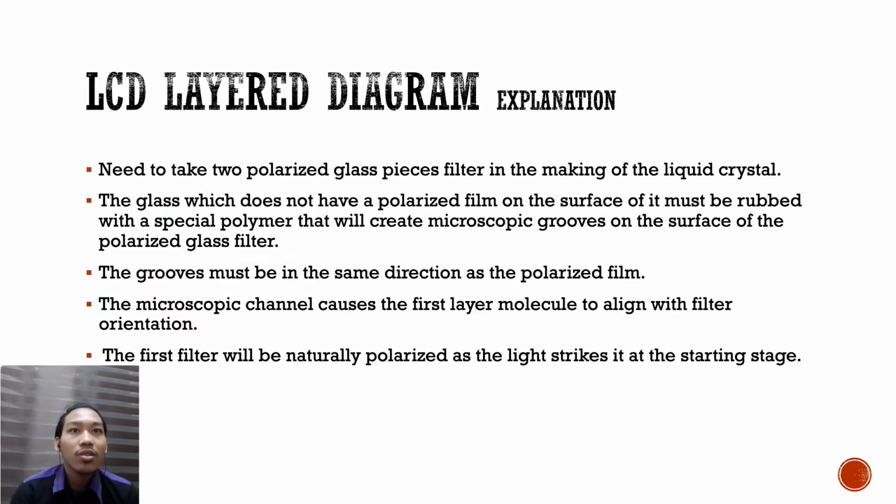After that, the microscopic channels cause the first layer of molecules to align with the filter orientation. Then the first filter will be naturally polarized as the light strikes it at the starting stage.